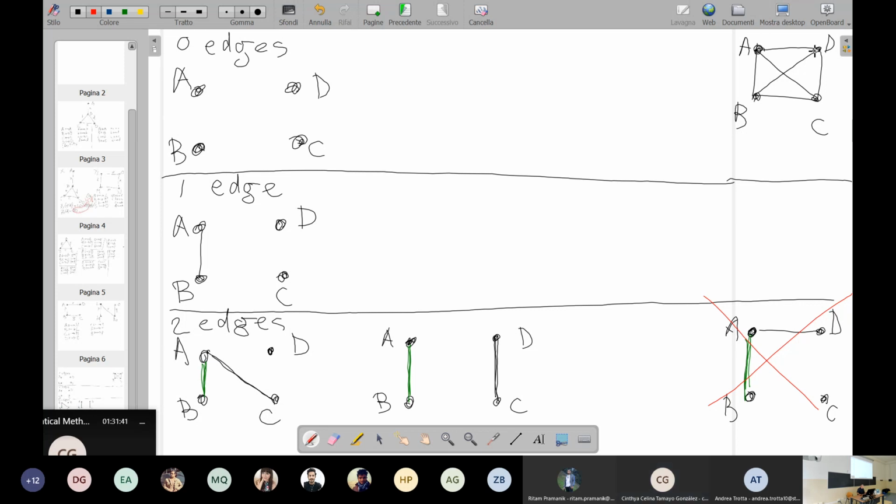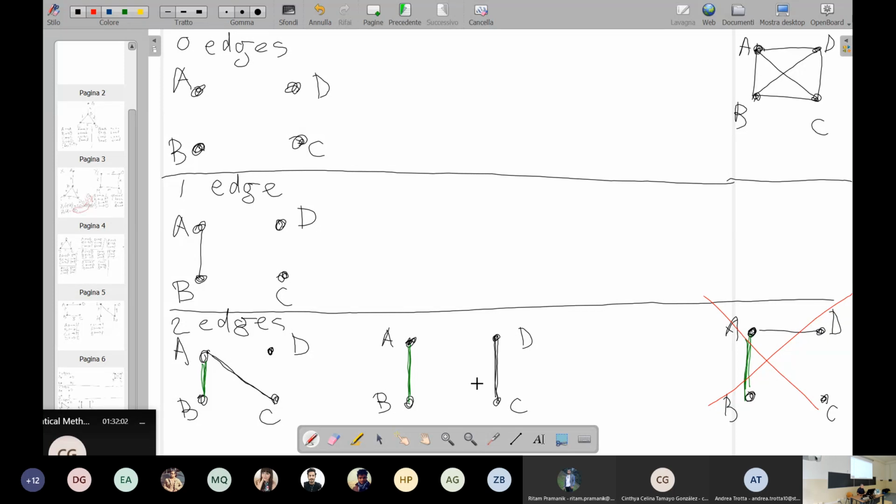Yeah, sure, that's correct. And so whatever you add to this green edge, or the ones we have not yet used, you'll find something which is isomorphic to this one, okay? So with two edges, only these two isomorphism types.